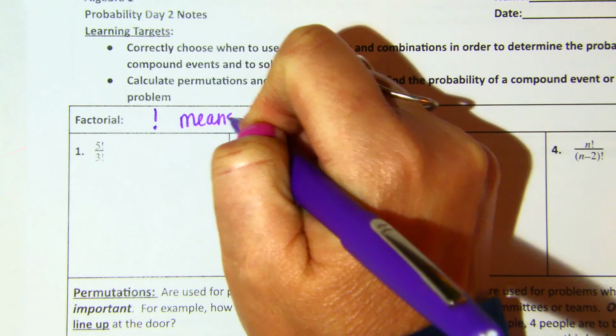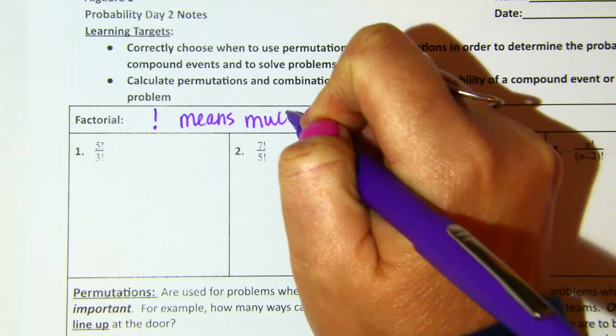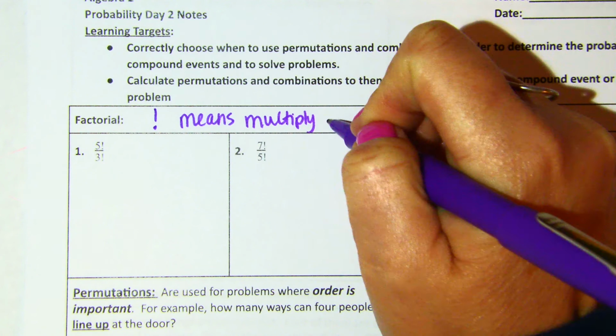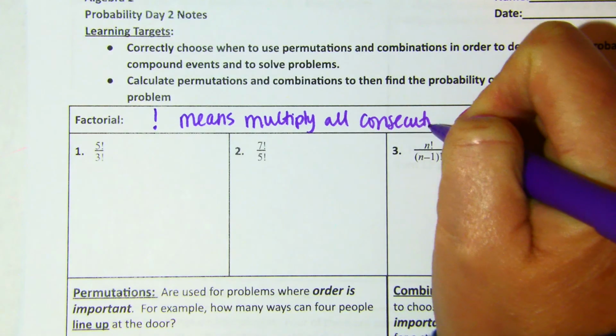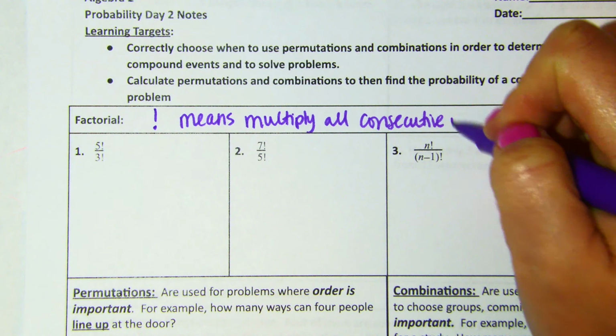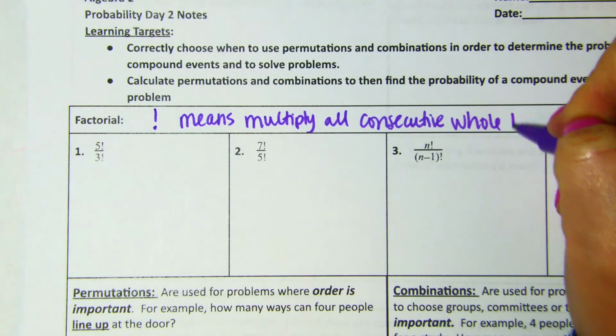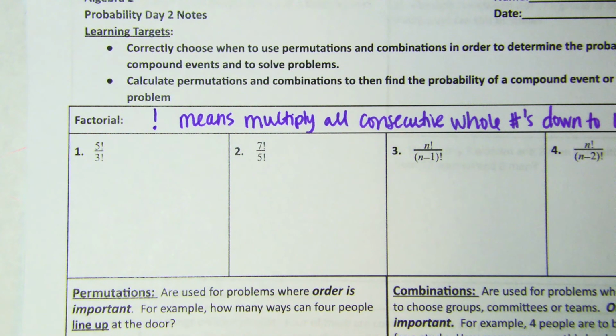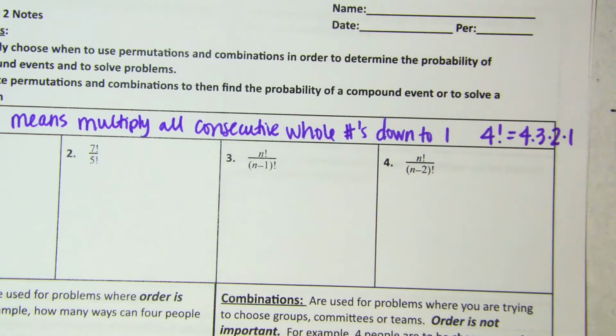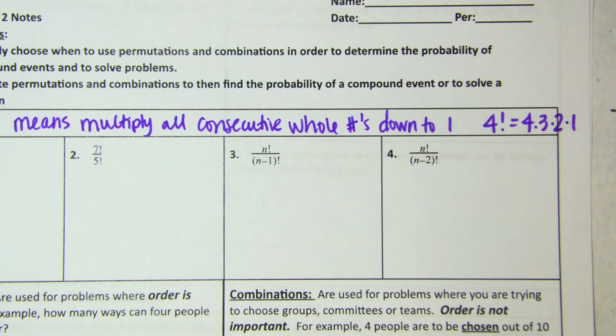And like I said, it basically means to multiply all consecutive whole numbers down to 1. So if I have 4 factorial, it's going to be 4 times 3 times 2 times 1, which is 24. Okay, so that's the idea of factorial.